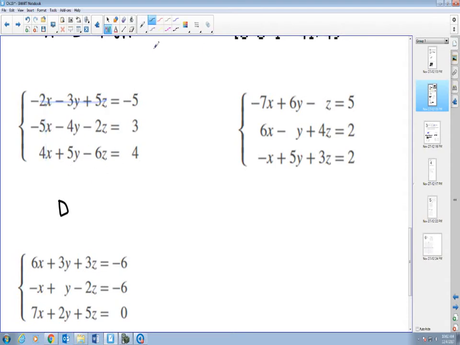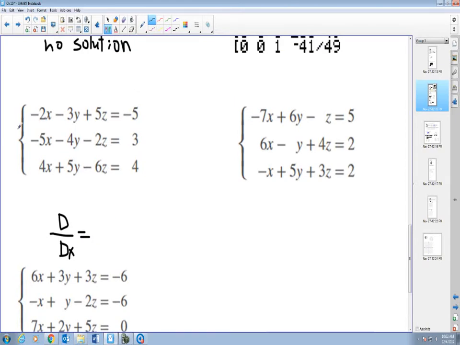Once you find the determinant of that, you divide it by that number. Find the determinant of your problem divided by the determinant of the x variable, and that will give you the x value. Do the same thing for the y variable.